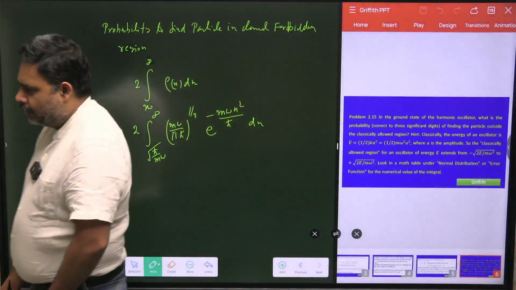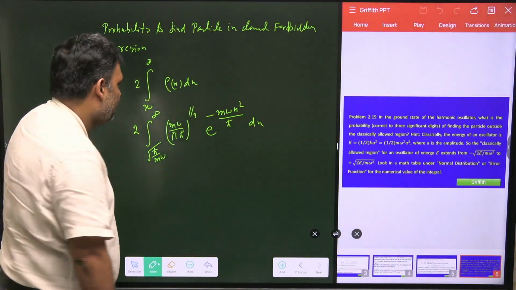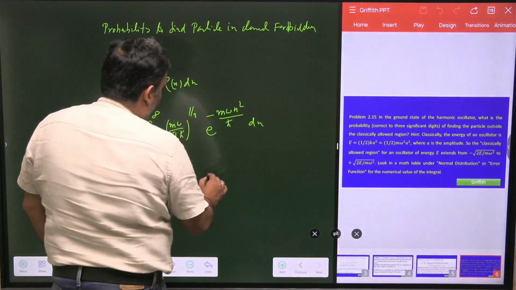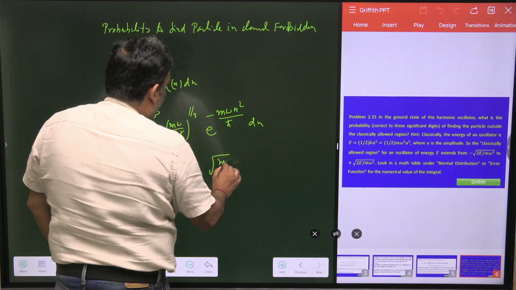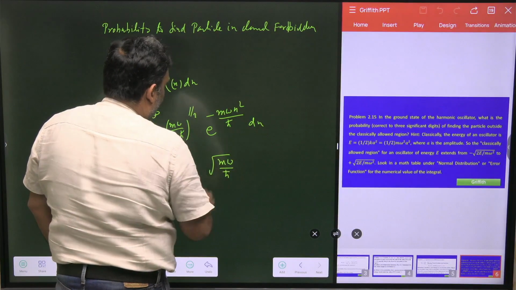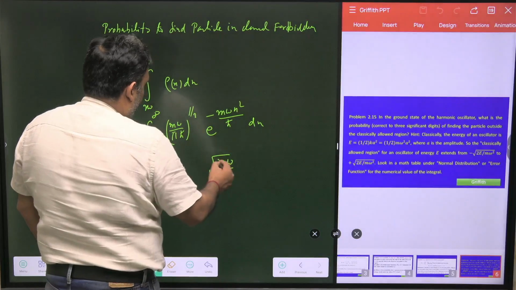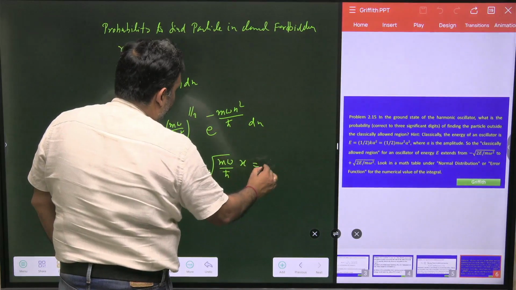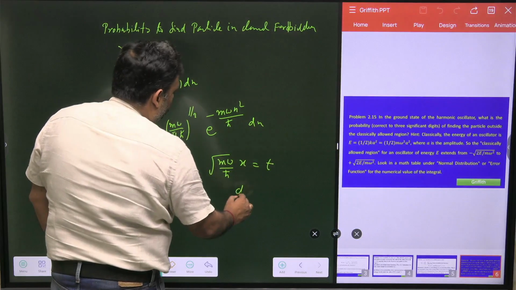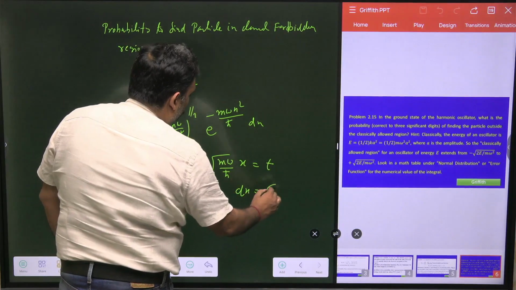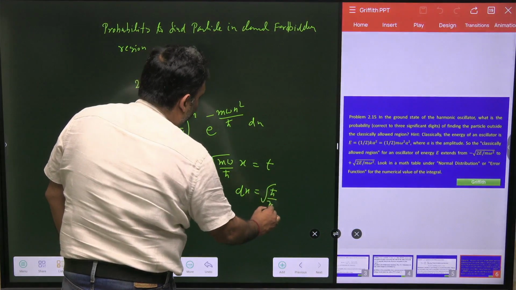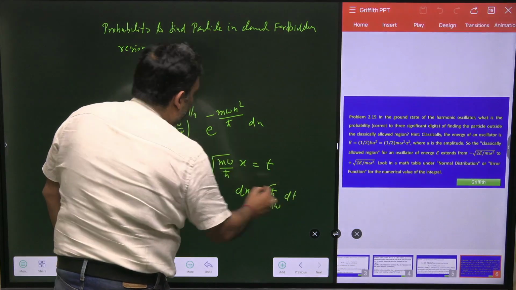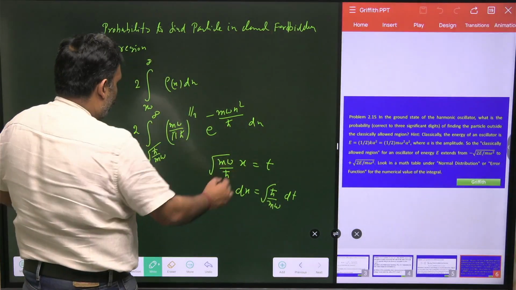Now we will convert it into the error function. So we put root of m omega upon h cut times x equal to t. So dx is equal to root under h cut upon m omega dt.